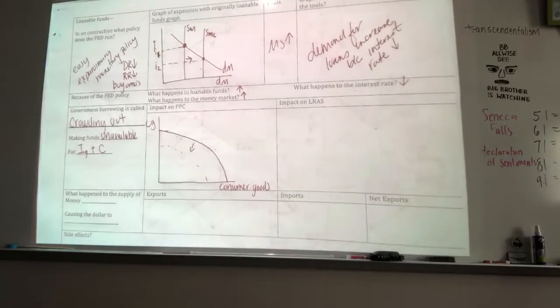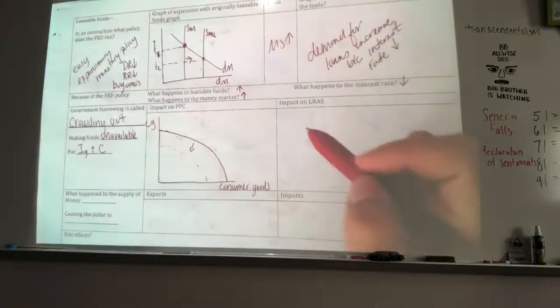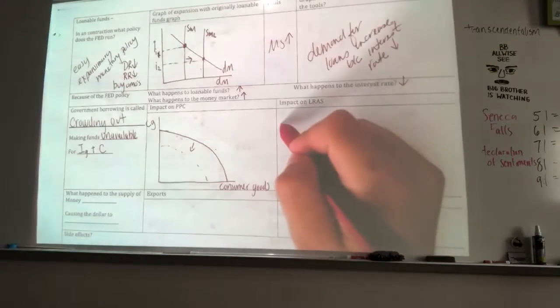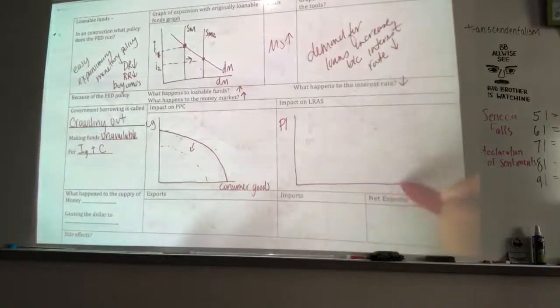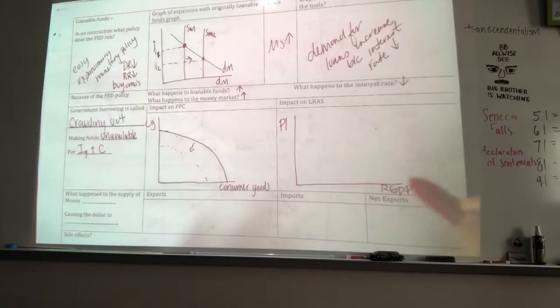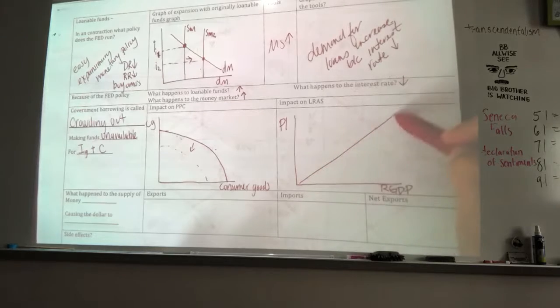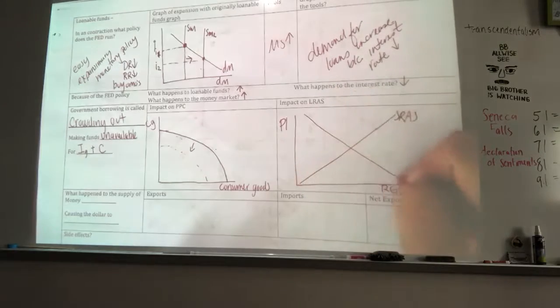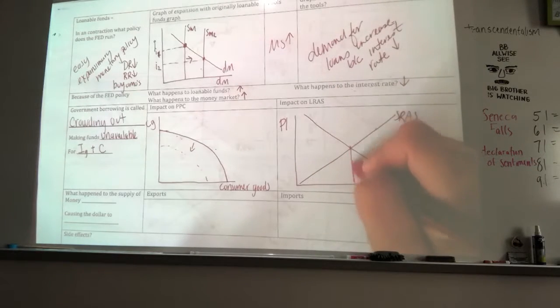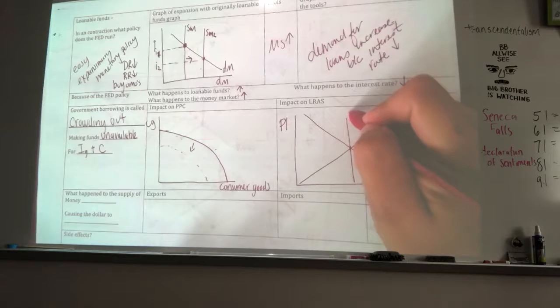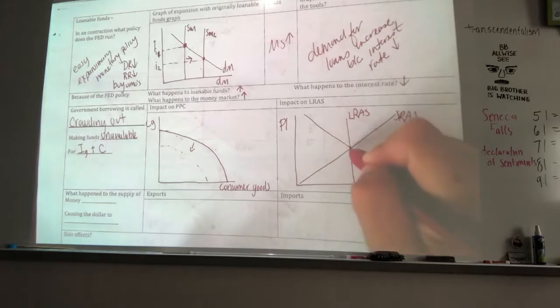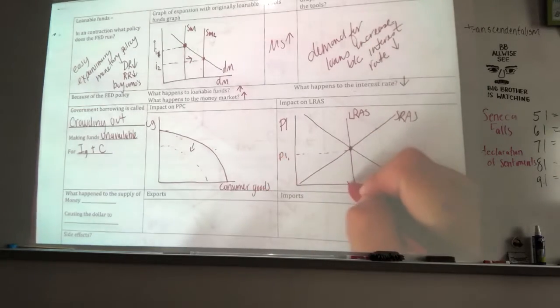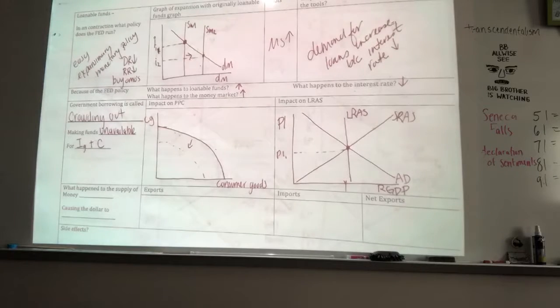So then I need to draw the impact on the long run. So this is price level. Real GDP. If the government is borrowing, can businesses borrow?